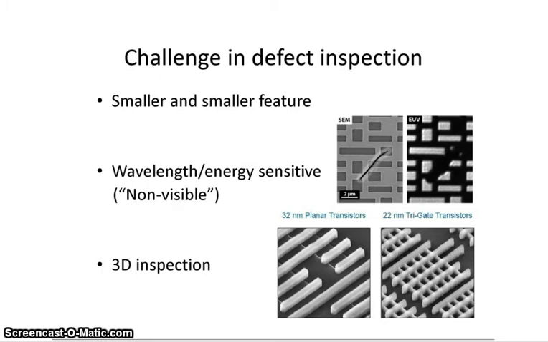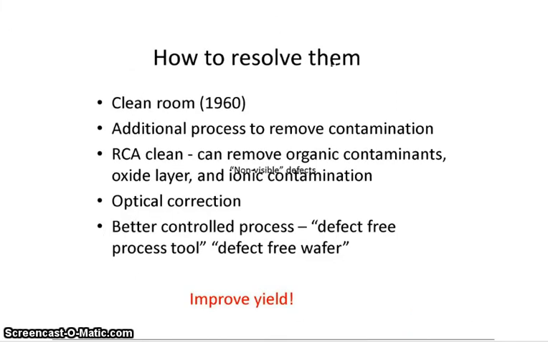For example, here, with the E-beam you can see something clearly, but with EUV light you cannot see anything. Similarly, if you see it with visible light or deep UV light, you might not be able to see it with a different wavelength. So it can be wavelength sensitive. And also, as the transistor goes to 3D, 3D inspection is a new challenge for defect inspection.